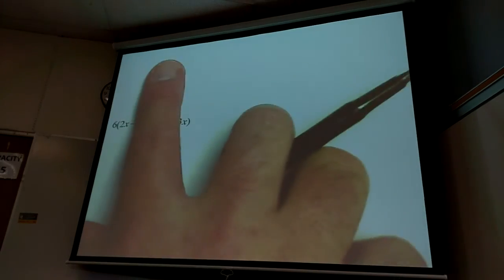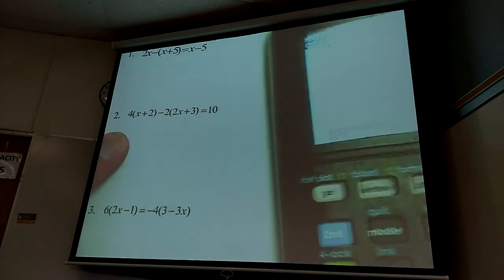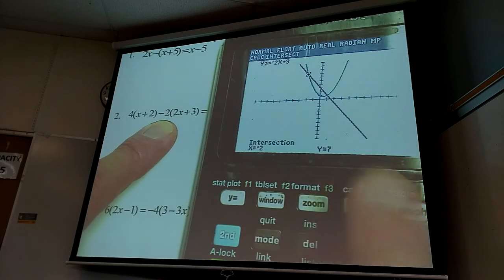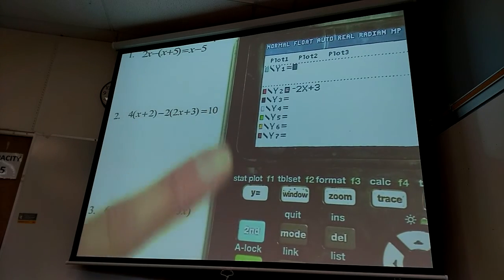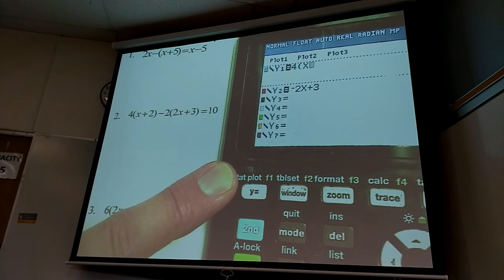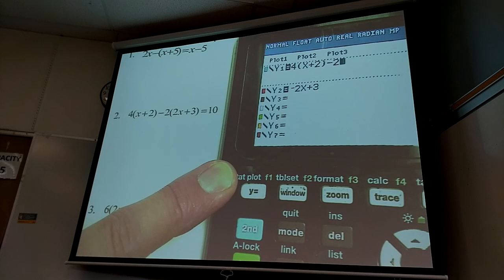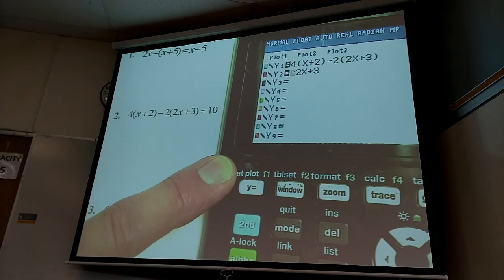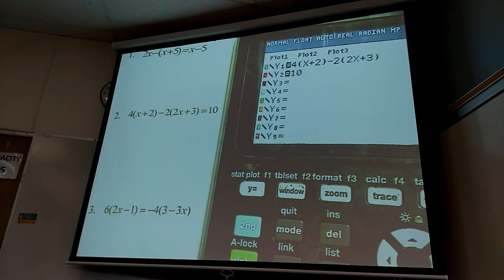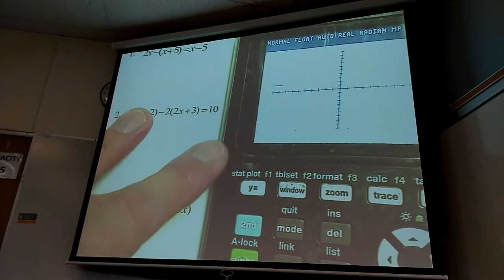Like if I had to solve this equation, this one right there, I could go to y equals, I could put one side in the calculator, 4 times x plus 2, minus 2 times 2x plus 3. That's one side. And then I can put the other side, 10. And the answer is where they both meet, because it's saying one thing equals the other one.